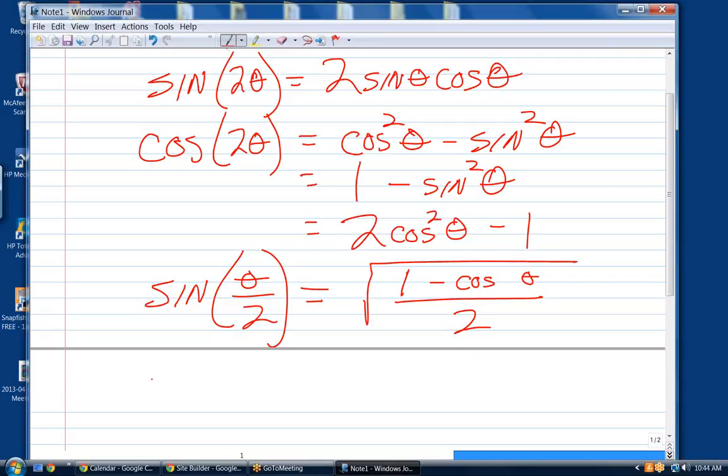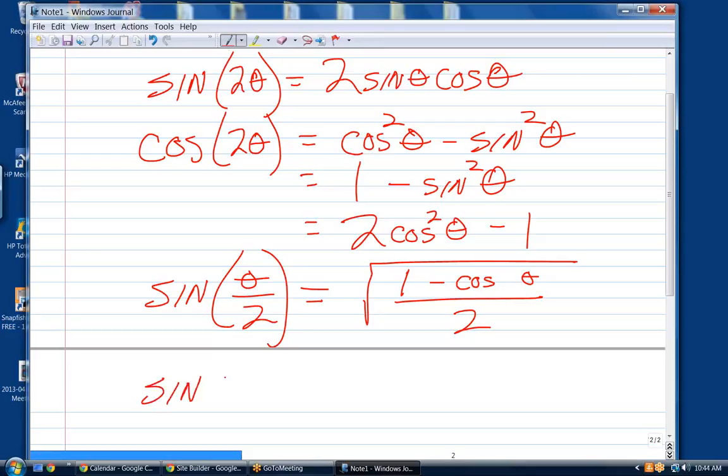In other words, if I wanted the sine of 22.5 degrees, what's that going to be equal to? So that would be root 1 minus cosine 22.5 over 2. Well, let's write it step by step because it's easier to see.